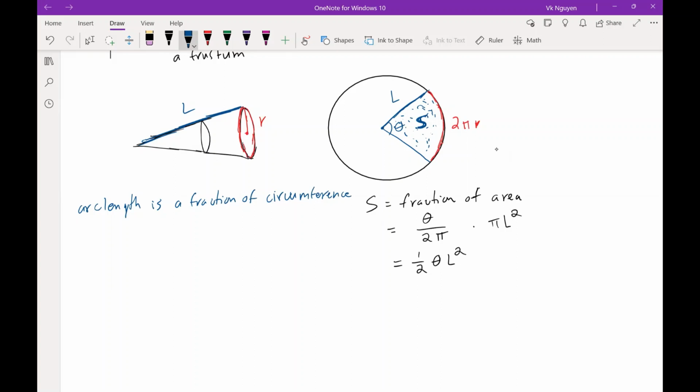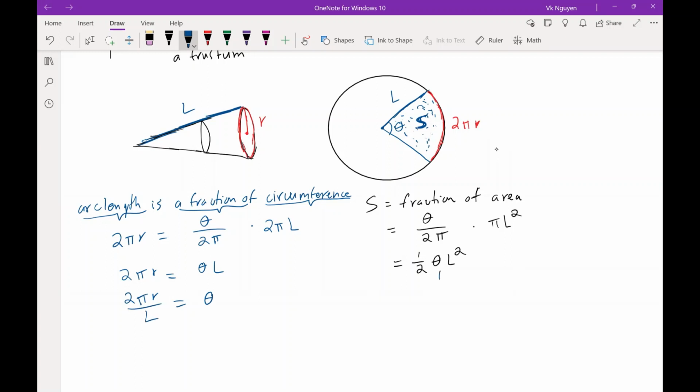Arc length 2 pi r is equal to the fraction theta over 2 pi multiplied by the circumference, which is 2 pi multiplied by the radius L. Oh, beautiful. From here you see that 2 pi r is theta L. So theta is 2 pi r over L.